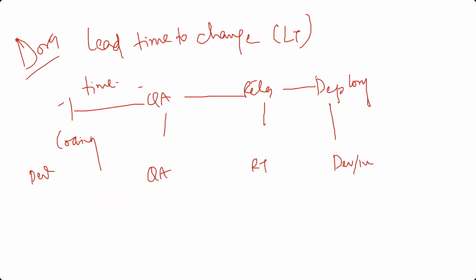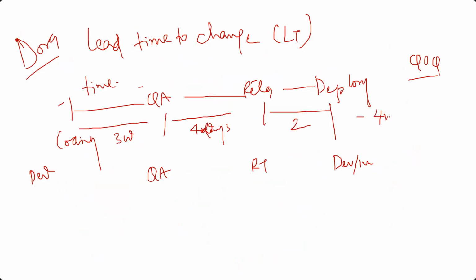Now let's look at one example of quarter on quarter release. Assume that coding takes place for 3 weeks, QA takes 4 days, and release and deployment takes 2 days. Overall, it takes 4 weeks.